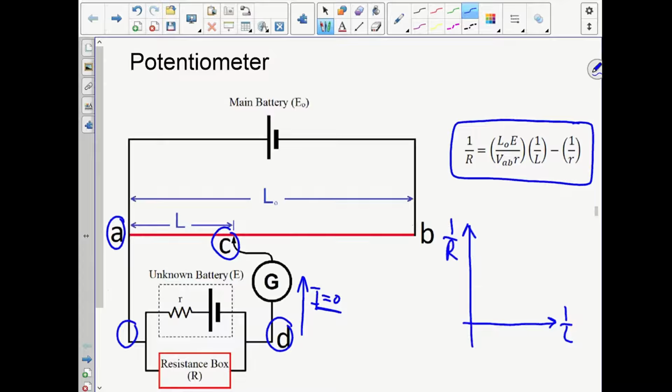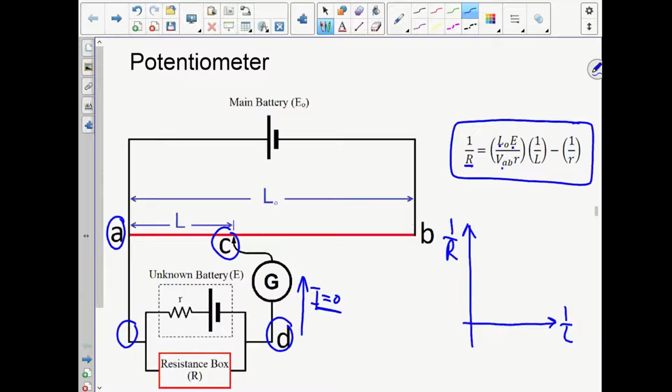Now uppercase R is the value of the resistance box. L naught is the total length of the wire, which is, as we said, 1 meter. E in the equation is the EMF of the unknown battery. VAB is the voltage difference between points A and B in the circuit diagram.